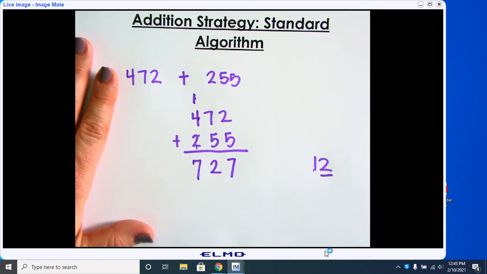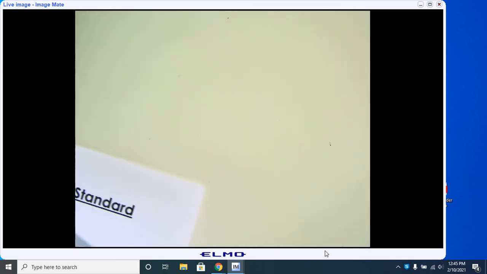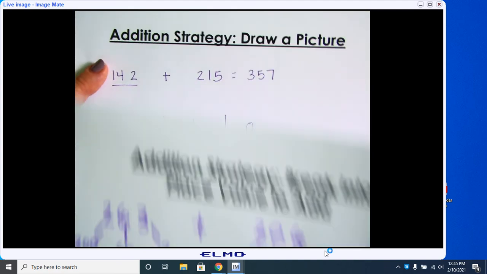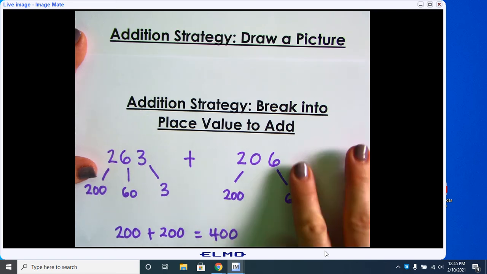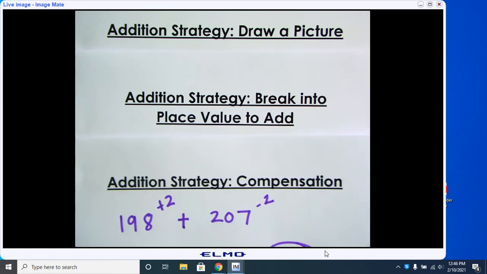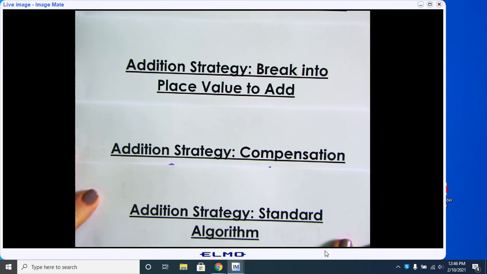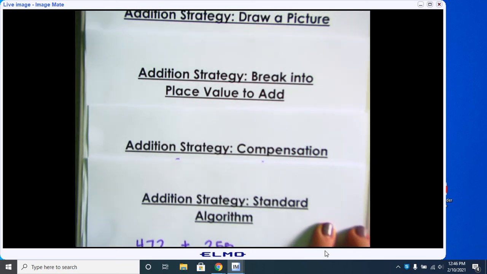All right, we have looked at 4 different strategies in order of probably easiest to hardest. We looked at drawing a picture, then breaking into place value, compensation, and then standard algorithm.